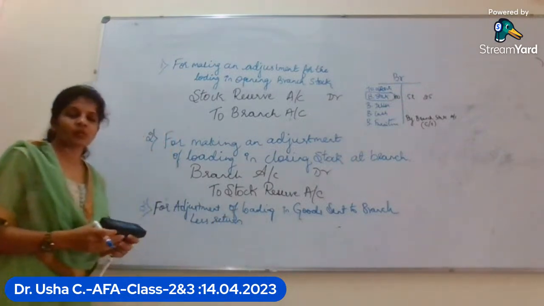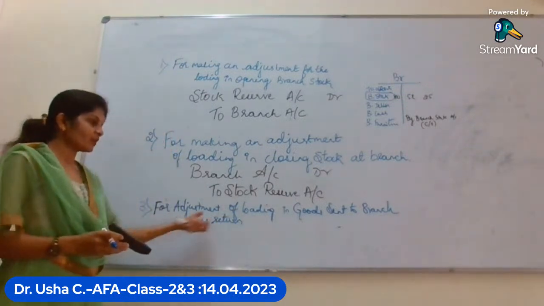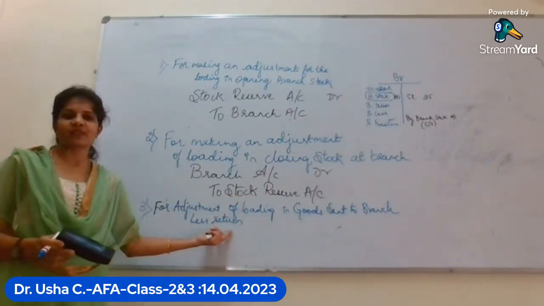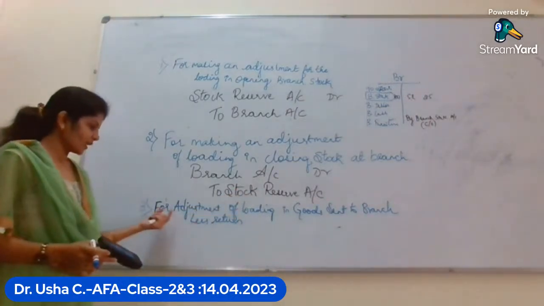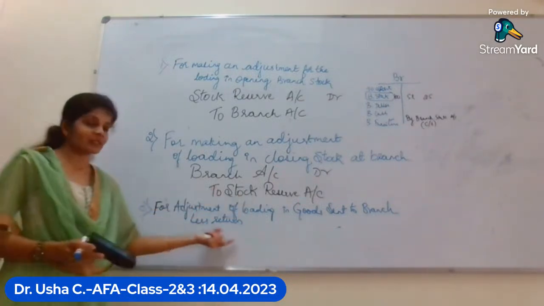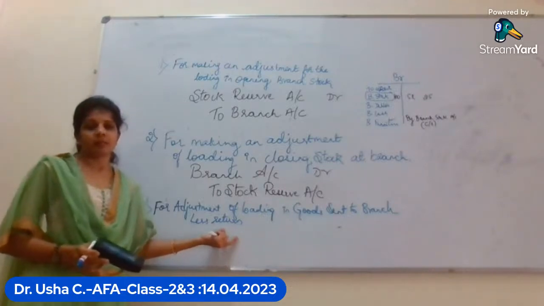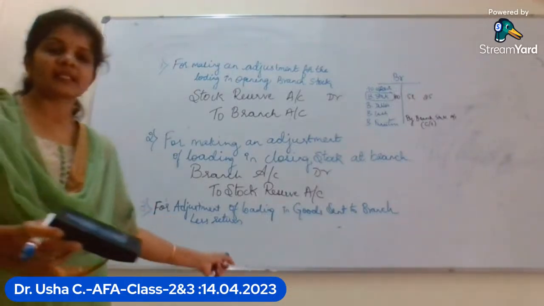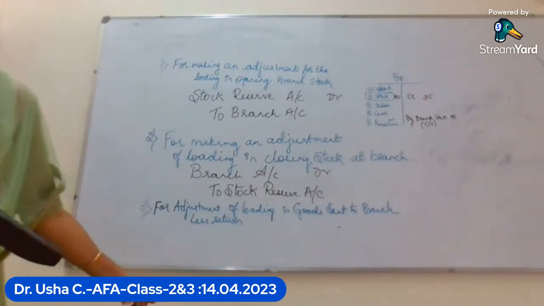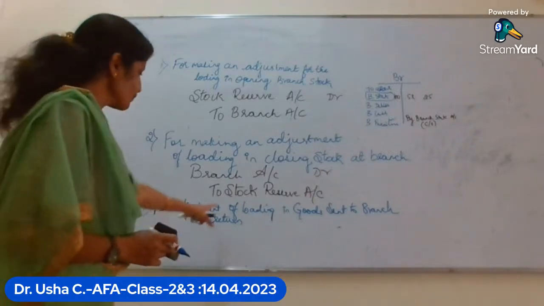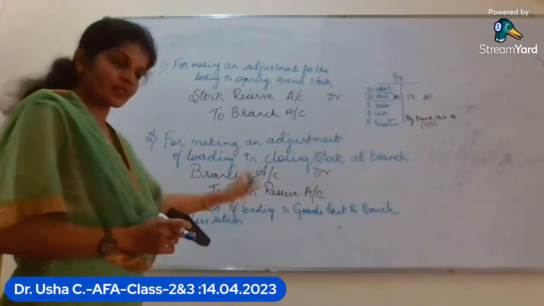Whatever goods are remitted to the branch account, what do we do? We deduct the return to the head office from the goods sent to branch account, correct? So the goods sent to branch account less return, whatever goods are returned to the head office, must be deducted here. After deducting, we then record this at cost price.